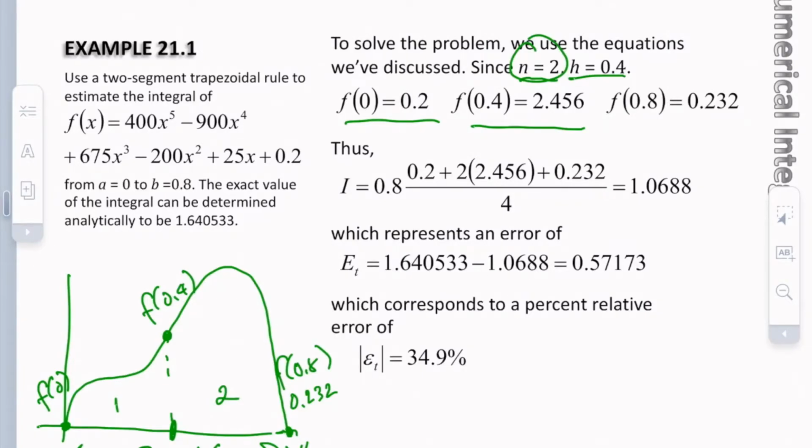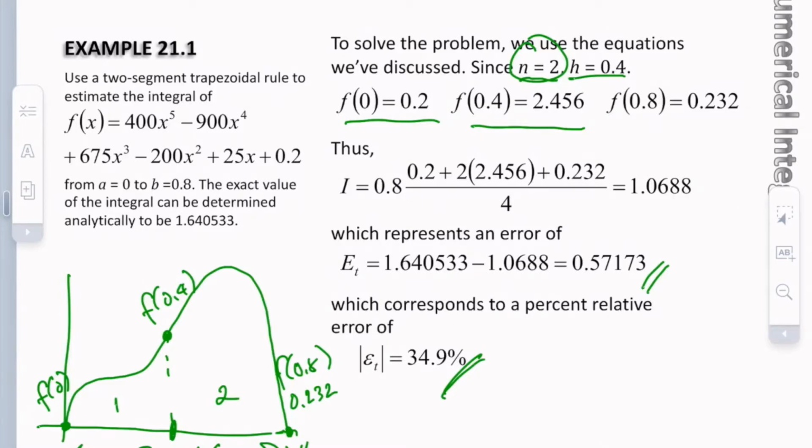Thus, if we use the Newton-Cotes formula derived earlier, we arrive with 0.8 times 0.2 plus 2 times 2.456 plus 0.232 all over 4. This gives us an integral result of 1.0688. And compare that with the analytical value of 1.640533, we get 0.57173, or an error of 35%.